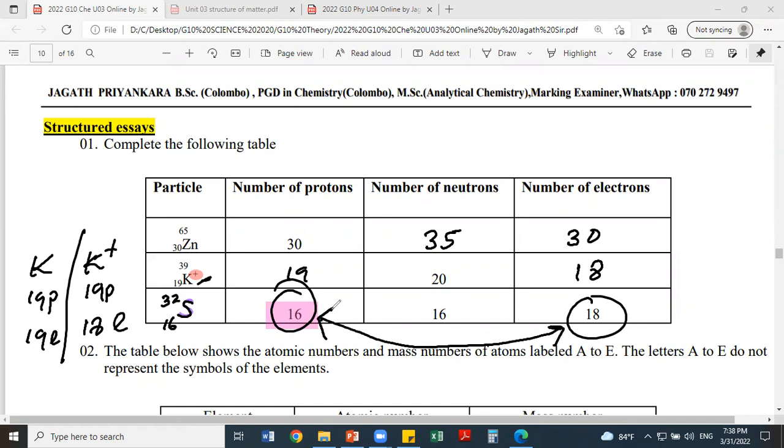But here there are two extra electrons than protons. That means more negative charges than positive charges. Therefore, what is the charge here? 2 minus. Please raise your hand those who got this answer, the symbol of this element with the charge. How many of you got it? Please raise your hand.